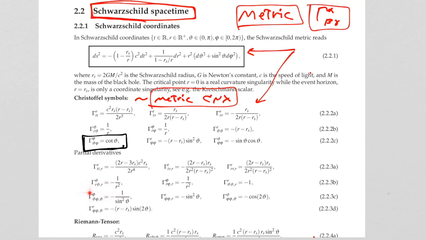So if you need the partial derivatives, the ordinary partial derivatives, because notice he uses commas here, I would have written this as gamma phi theta phi, single line theta, which would be the partial derivative with respect to theta of gamma phi theta phi, right? That's what that would have been. So there's no mystery.